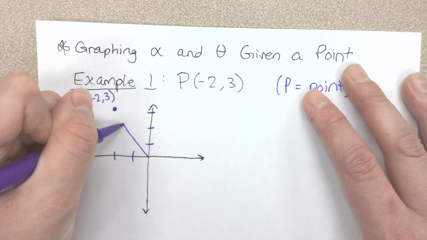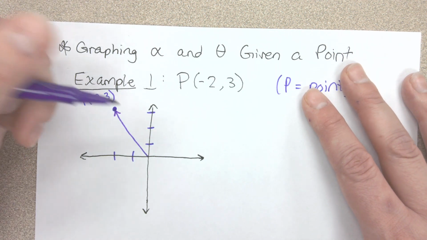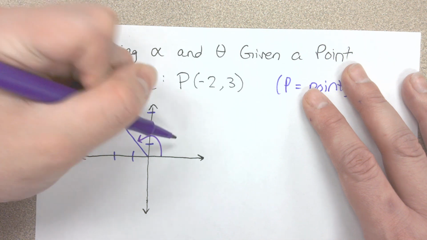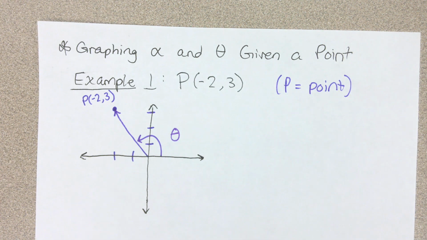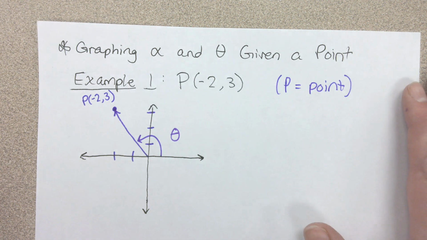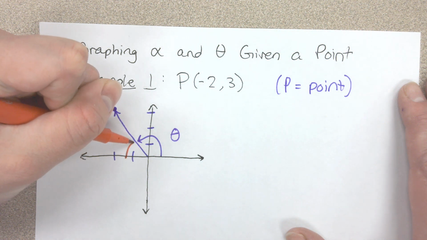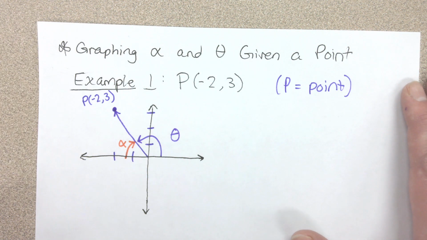Now we're still going to construct this in the usual way. So we're going to draw our angle of rotation with the theta. Alpha goes from x-axis up to the angle we drew.